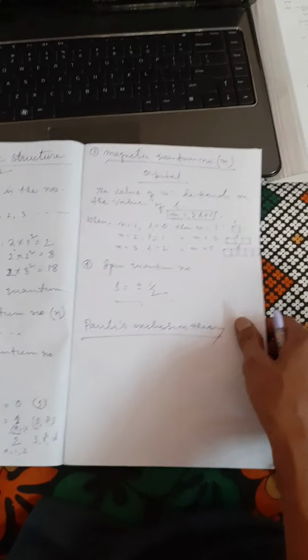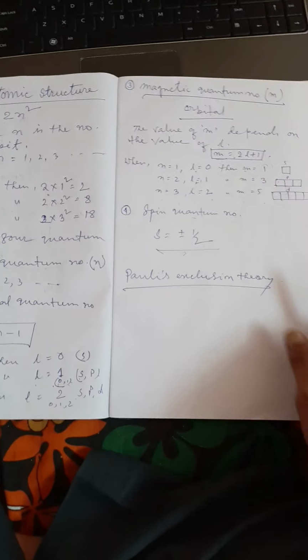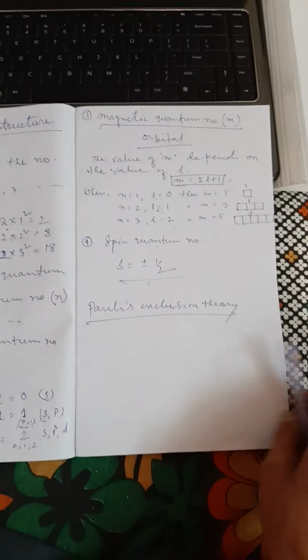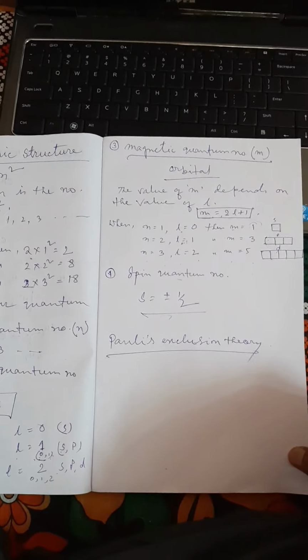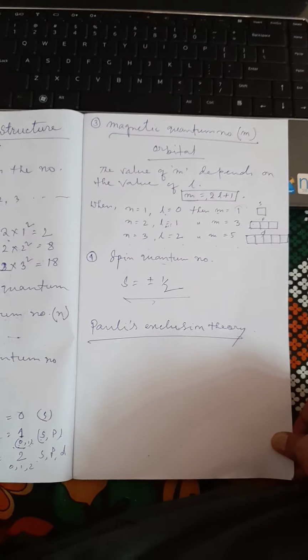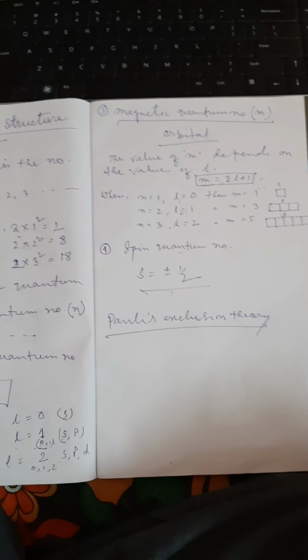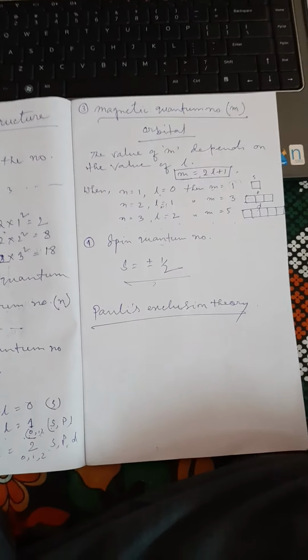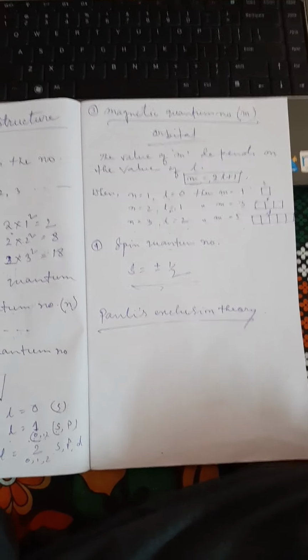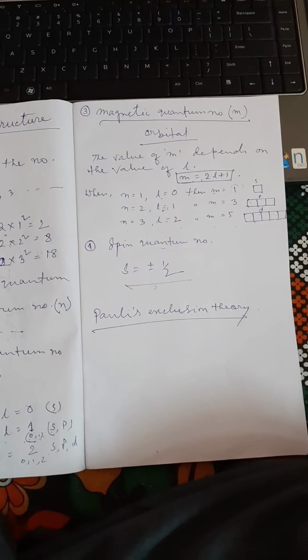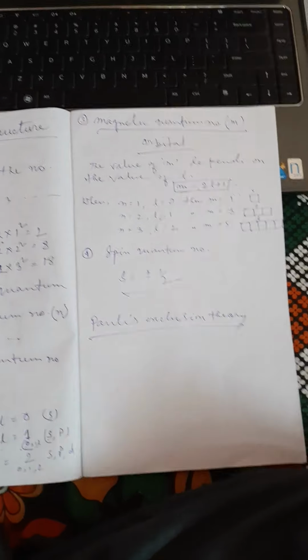All four quantum numbers can never be equal for two electrons in an atom.